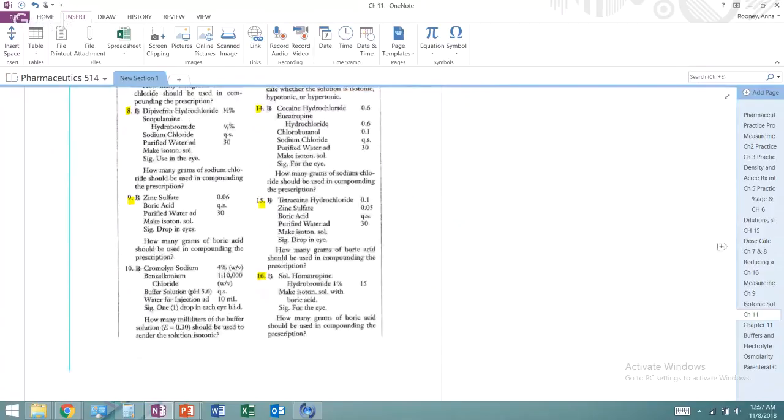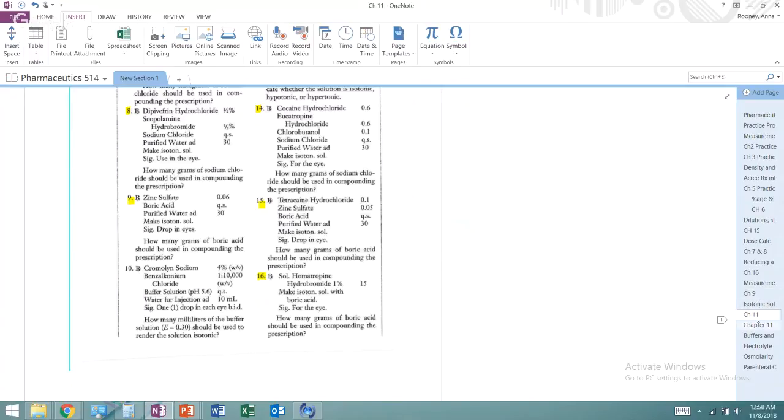All right, so our next one is diperphen hydrochloride, 0.5%, scopolamine, 1/3%, and sodium chloride to be made, and 30 milliliters as well. And we're told to make it isotonic, and it's for use in the eye.